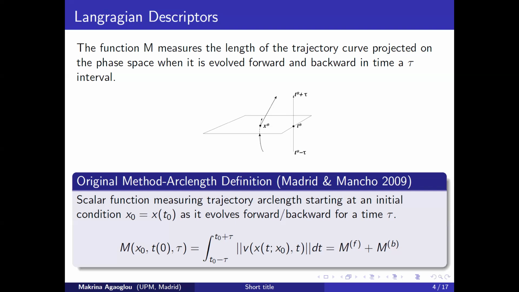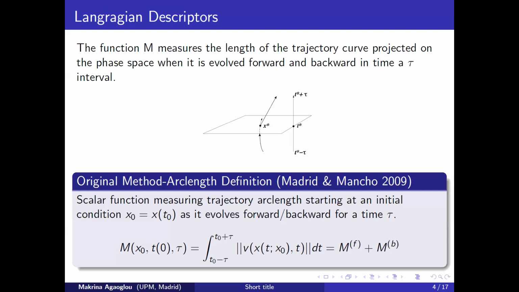So in the original definition of Lagrangian descriptors, they are calculated by accumulating the arc length of the trajectories. So we know that if we integrate trajectories forwards, the LD function, that is a scalar function, is going to detect for you the stable manifolds, while if you do the computation only backwards in time, it will detect for you the unstable manifolds.